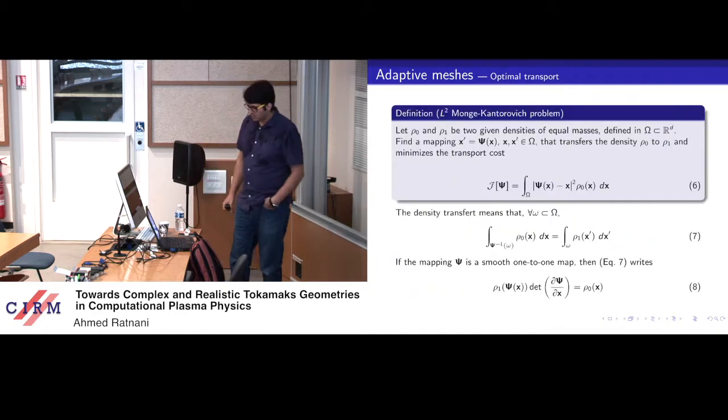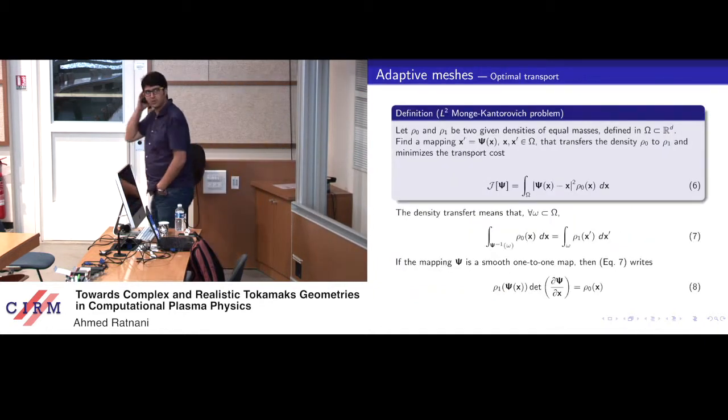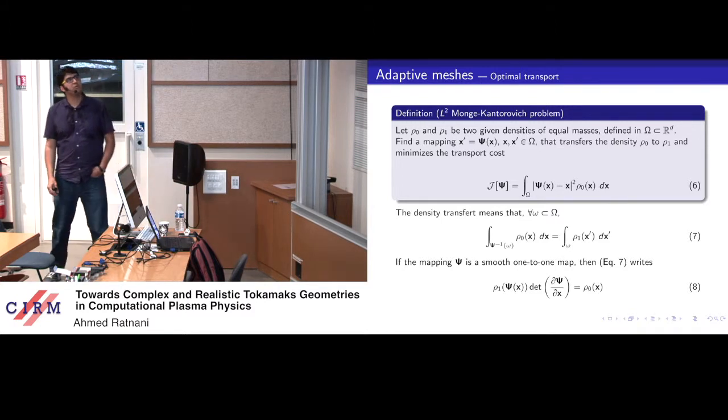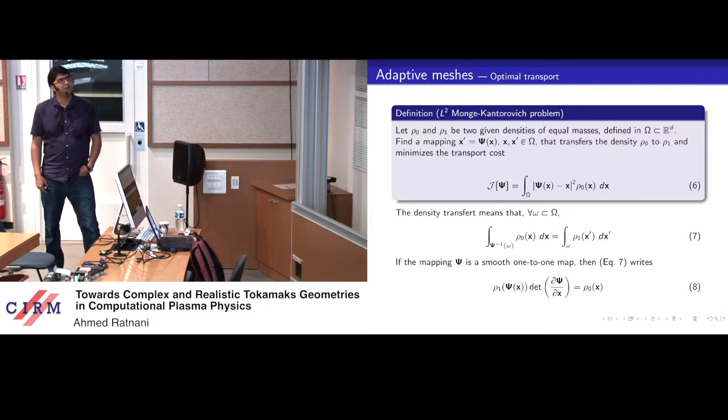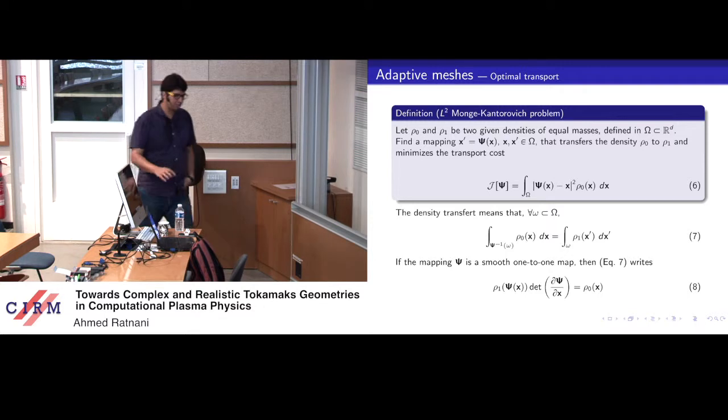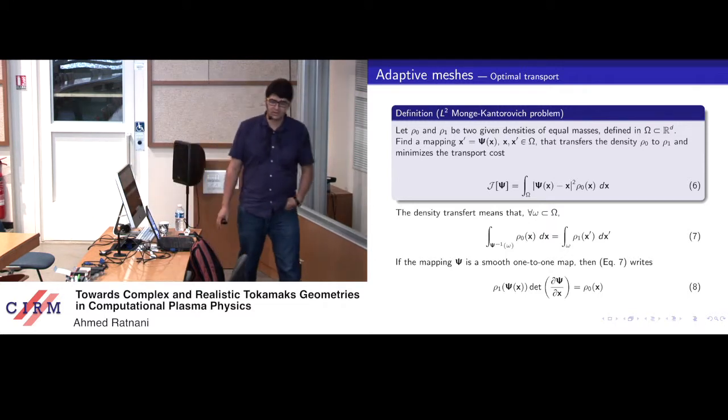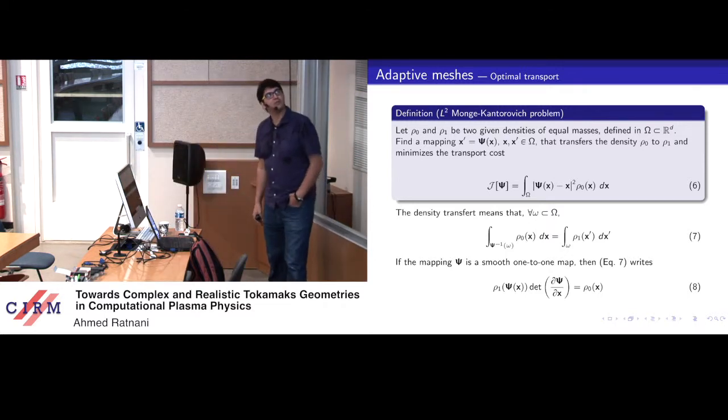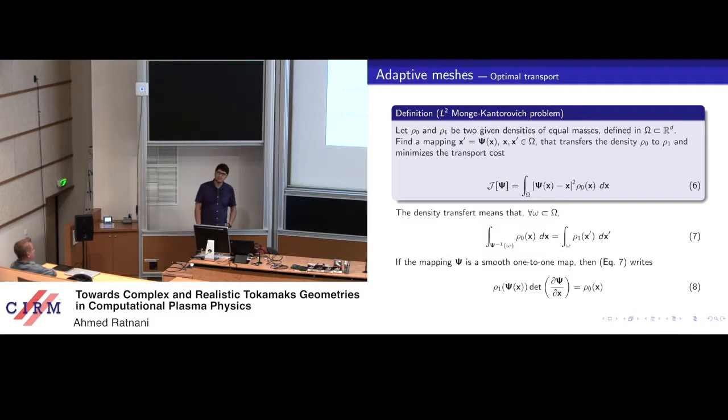So another way to do it is to solve what we call the Monge-Kantorovich problem. And the Monge-Kantorovich problem goes back to Monge, and the problem was you have some holes and you have some sand. What is the best way to transport sand and to recover all holes?